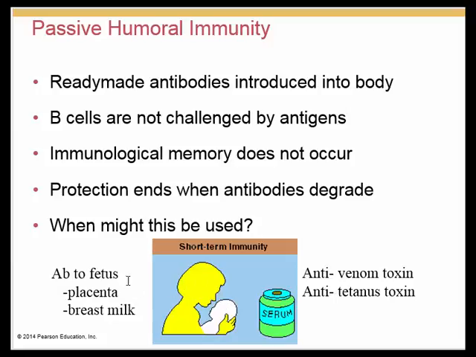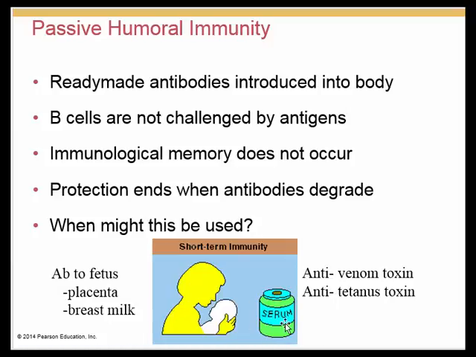Mom to baby, antibodies can cross over to the fetus through the placenta. We can also provide antibody protection to the babies through breast milk as well. So these are all going to be short-term, but quick protection, not involving your B cells, but mom's B cells in this case, for making that antibody, or we've created some antibodies in a laboratory as well.